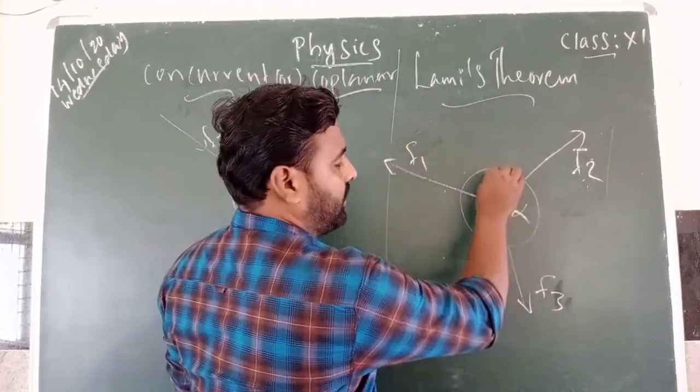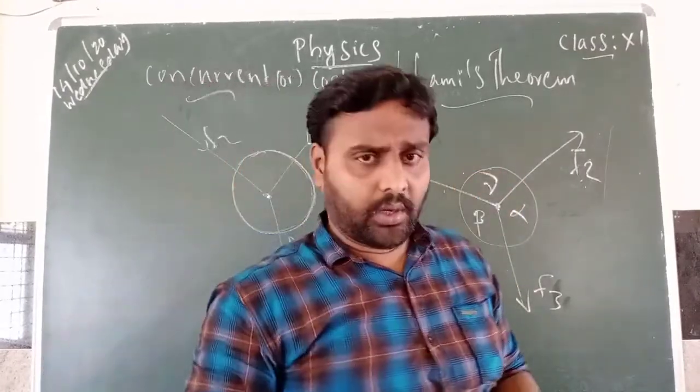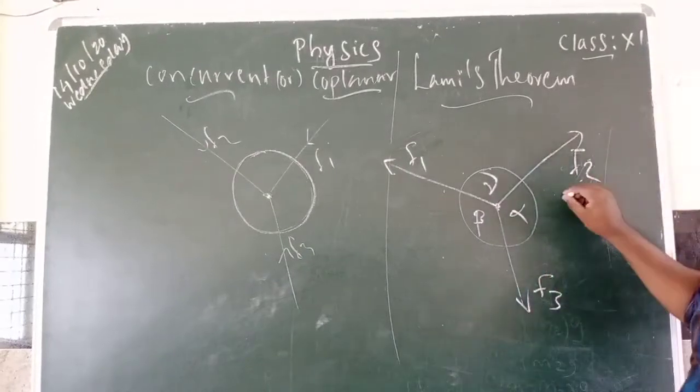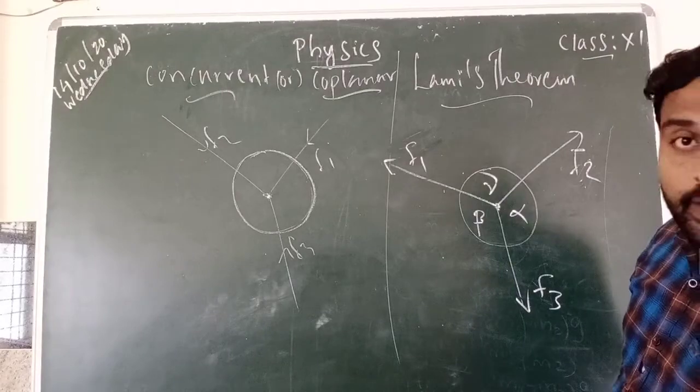Now here, alpha, beta, gamma. So this is a diagram which is given in your textbook. You can follow the same, then you will not get confused.